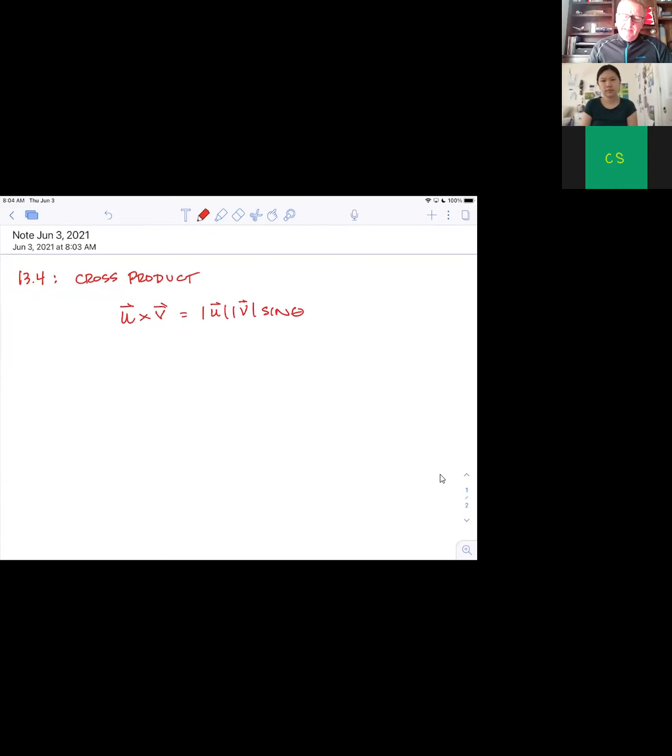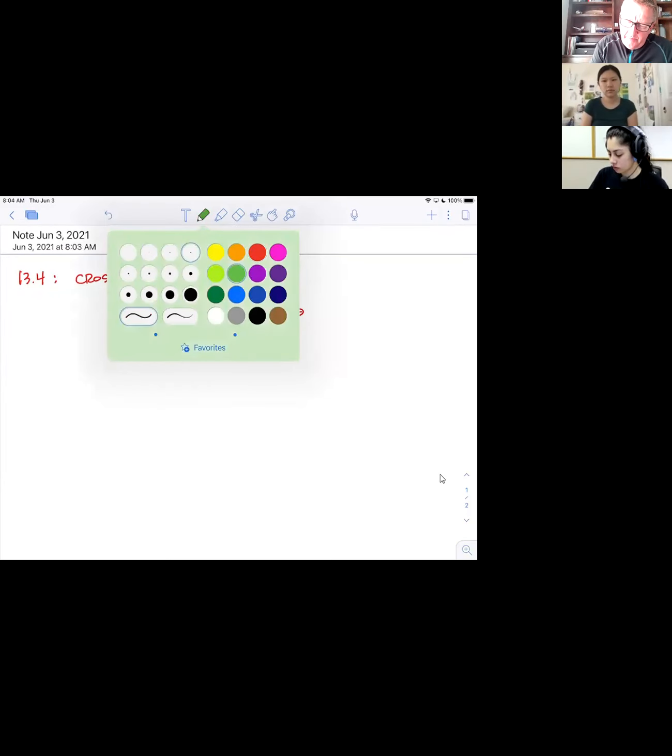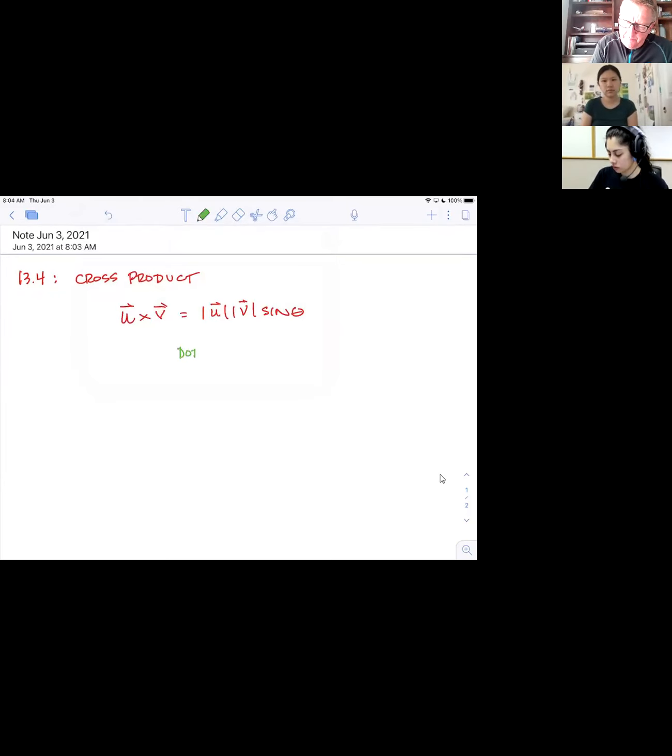So I'd like to deepen your understanding a little bit, and also note that it's kind of cool that the dot product was so similar. In other words, it was U dot V equal to exactly the same statement, except it was the cosine of theta.